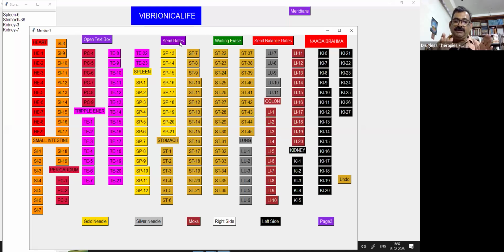If someone has stiffness in the back and sharp pain, what do you think? He is affected by excessive dryness. We want him to move easily. Then what? We have to control it through the controlling element.